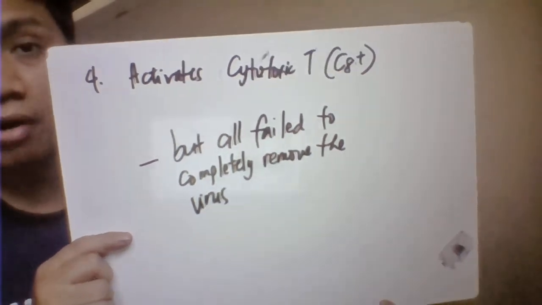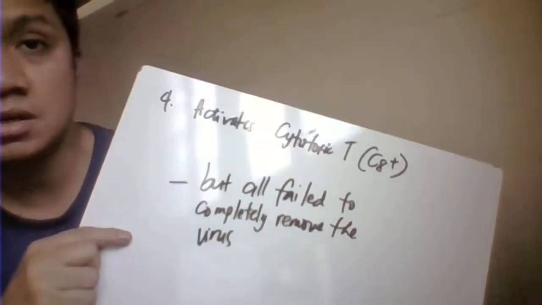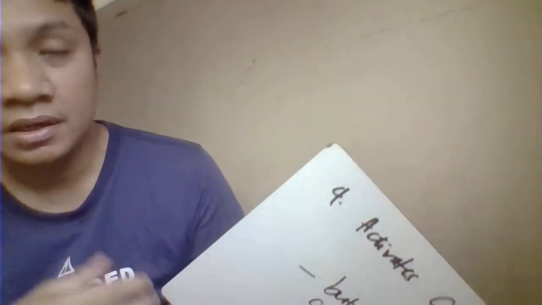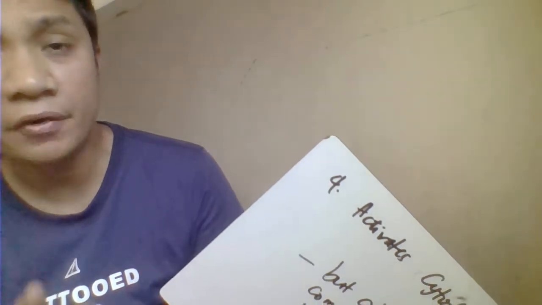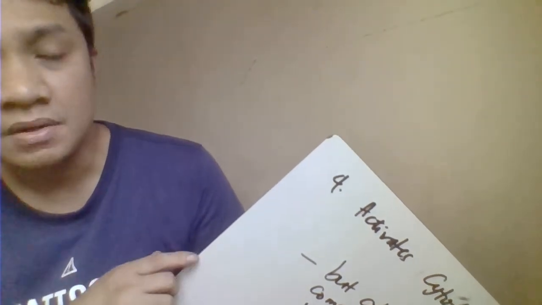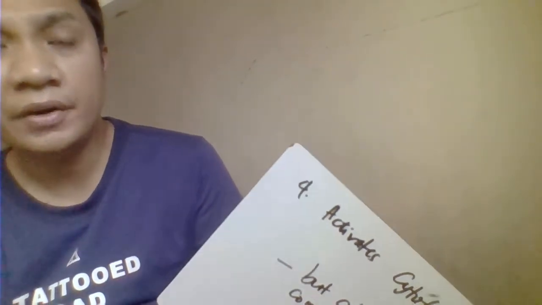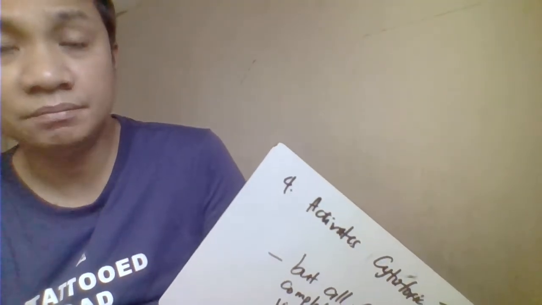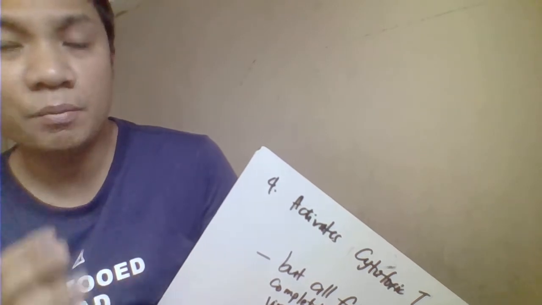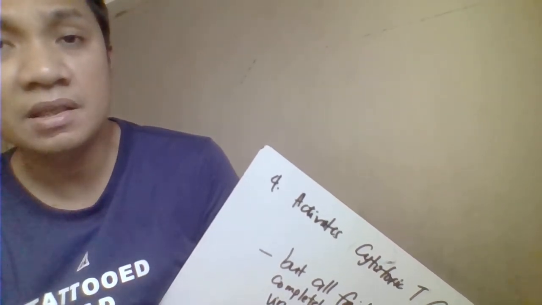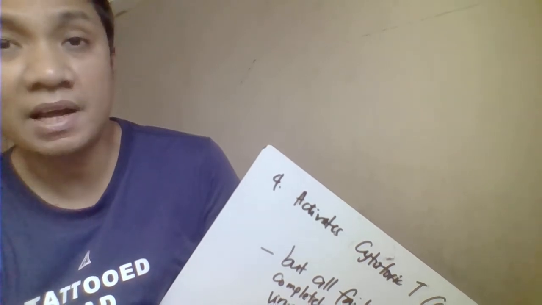But then again, although our body is responding to the infection, all of that immune response will not provide us with protection because it could not really remove or kill the virus completely. So our markers here, our antibodies produced here, are only serological markers for us to diagnose or to monitor the course of the entire disease process, but not providing us with protection.